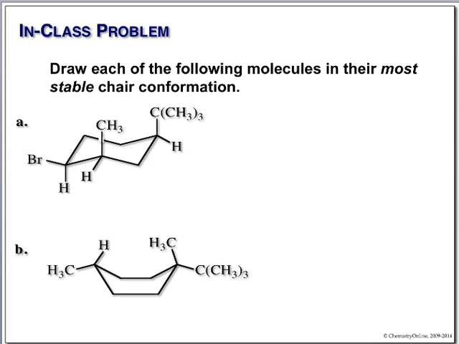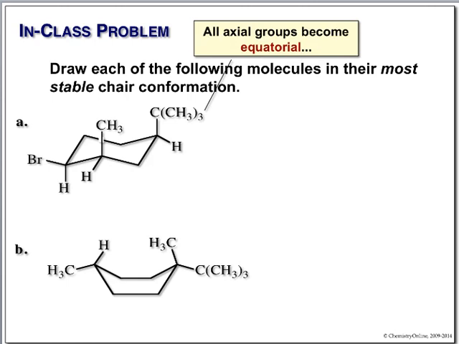One exception, of course, is always going to be our tert-butyl. On our first one, we have an axial methyl, an axial tert-butyl, and we have an equatorial bromine. Our tert-butyl here is going to always want to be equatorial. We've got it axial, that's bad.